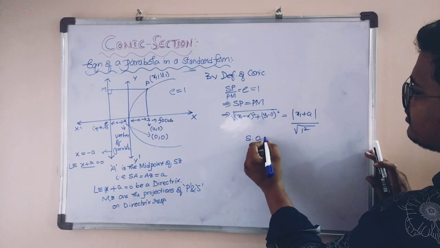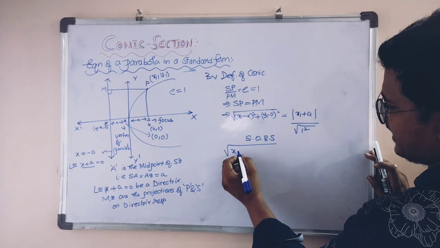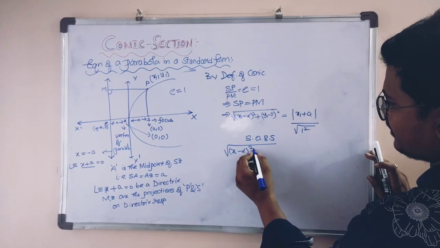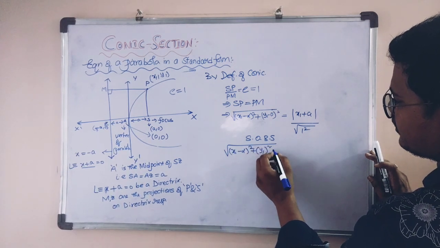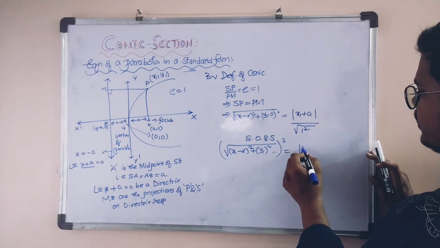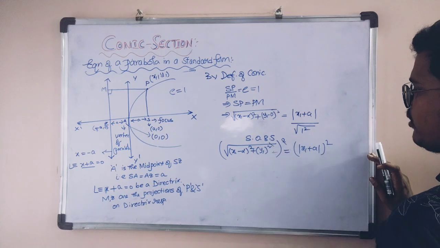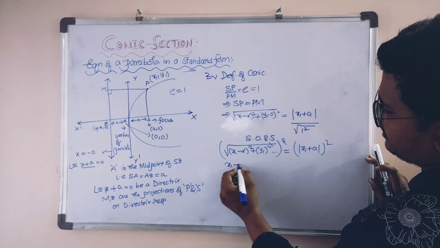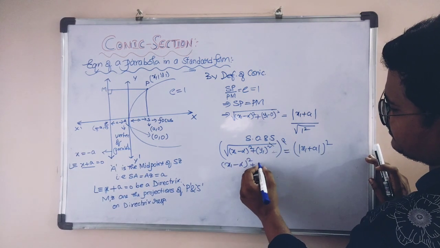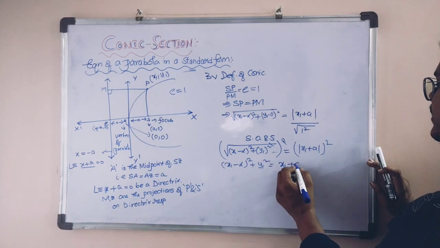On squaring both sides, what do you receive? x1 minus alpha whole square plus y1 square is equal to x1 plus a whole square. Square and root cancel.